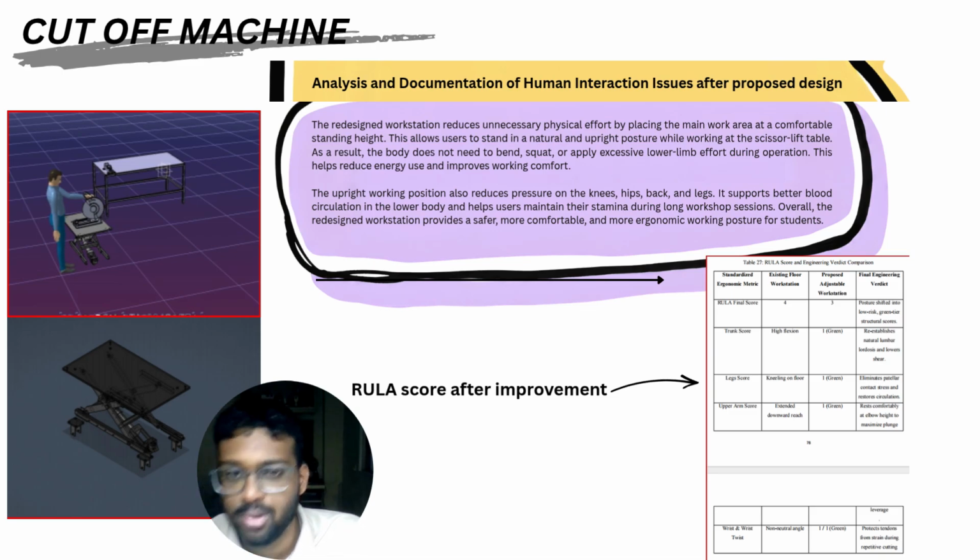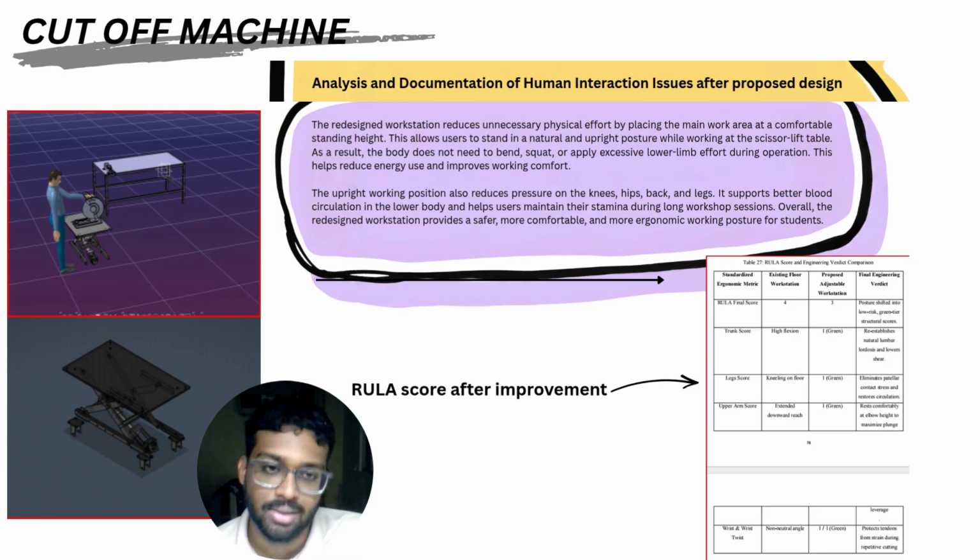With this improvement, the operator can perform cutting activities in a more upright standing posture. The user no longer needs to bend excessively, squat or kneel on the floor while operating the machine. This helps to reduce unnecessary physical effort and reduce pressure on the lower back, neck, knees, hips and legs.